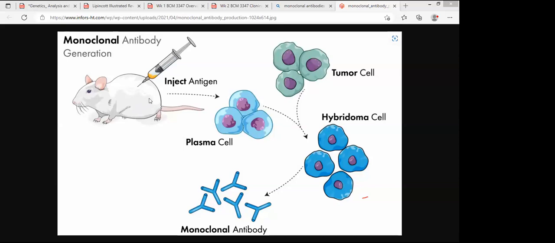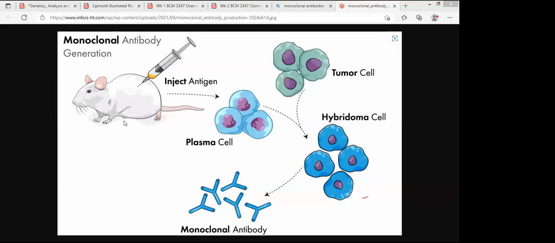This is a bit of immunology. How do we produce antibodies? Once the antigen enters your body, it binds to a B cell, and the B cell processes it.